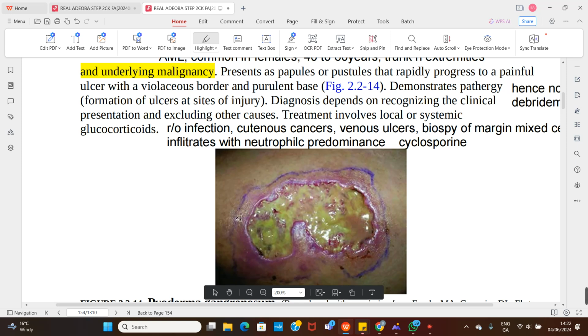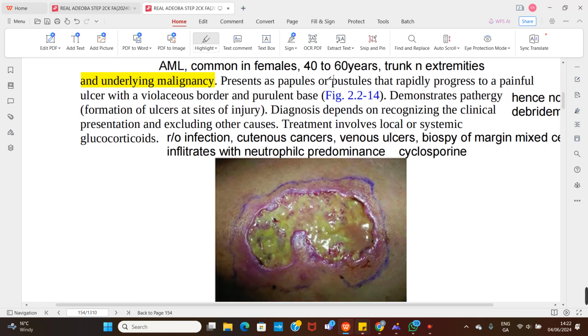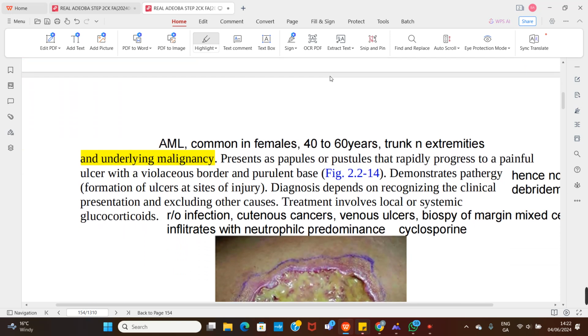One of those three is going to be there. If trauma is not there, you are going to see rheumatoid arthritis, inflammatory bowel disease, or malignancy. It's very common in women, and it's very common in people within the age of 40 to 60 years, right?